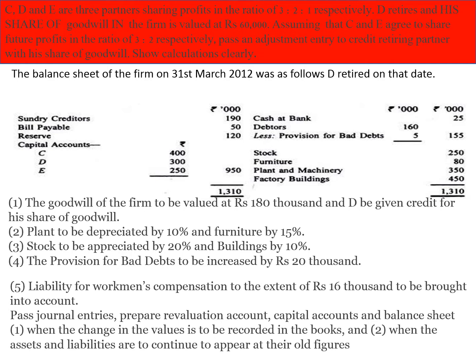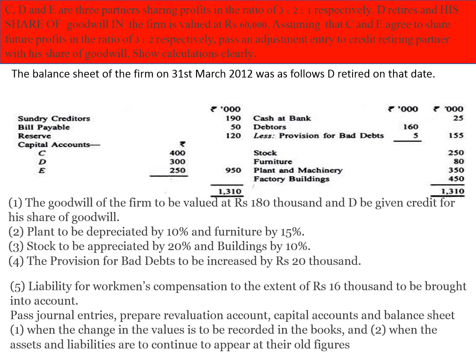So 10% of 3,50,000 comes 35,000. And furniture by 15%. Furniture is 80,000. 15% of that comes 12,000. So furniture has depreciated with 12,000.